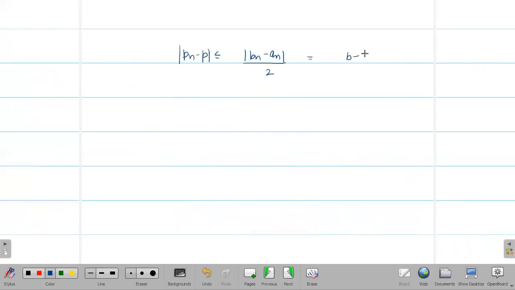So it is multiplied by 1/2, so it is (b minus a) by 2 raised to power n. So it means pn minus p is less than or equal to (b minus a) by 2 raised to power n. So this way you can say, because n is greater than or equal to 1, obviously, that this is the maximum error bound that can occur in the bisection method.